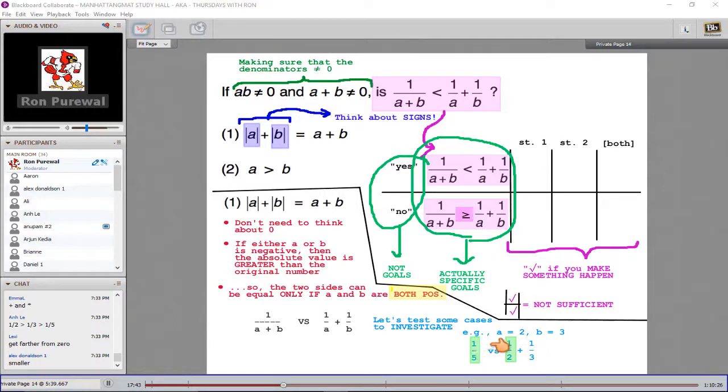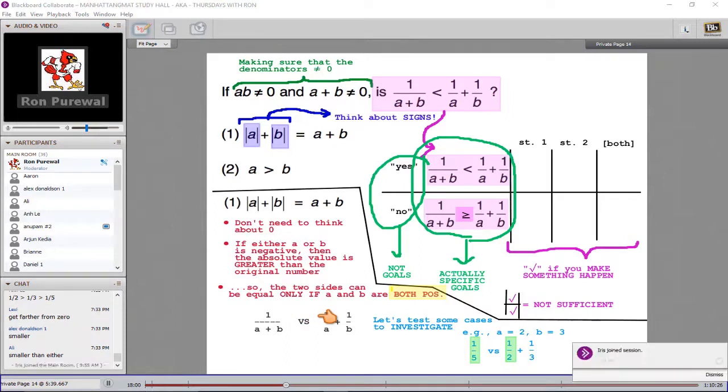The 1/5 is going to be less than either of these individual fractions, because when it's 1 over something, 1 over a smaller number is a bigger number, and 1 over a bigger number is a smaller number.